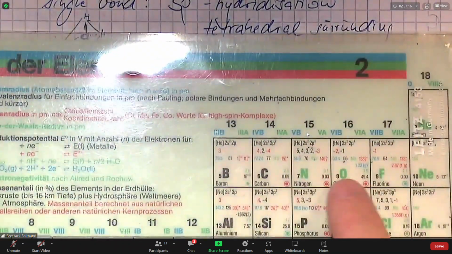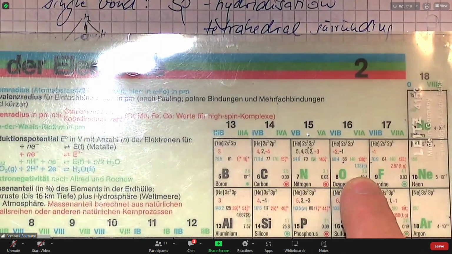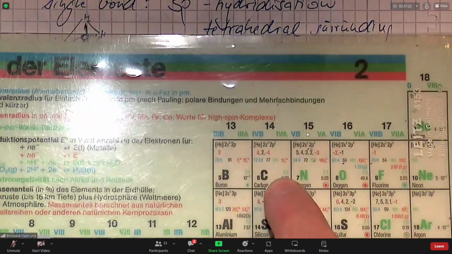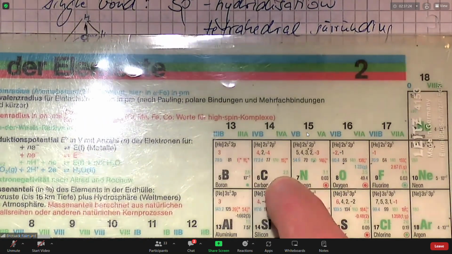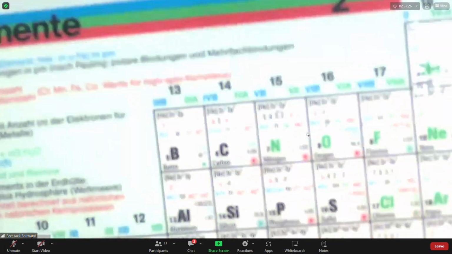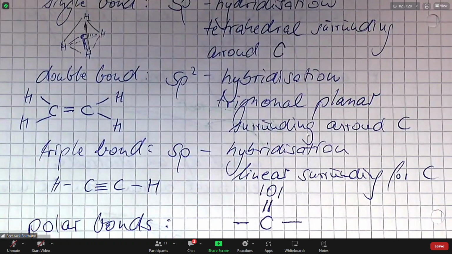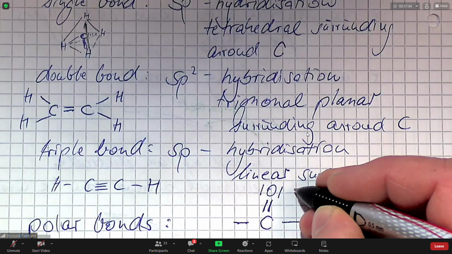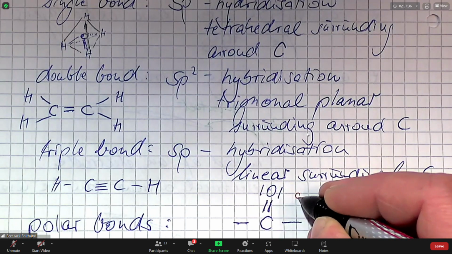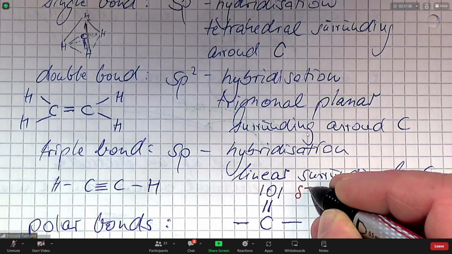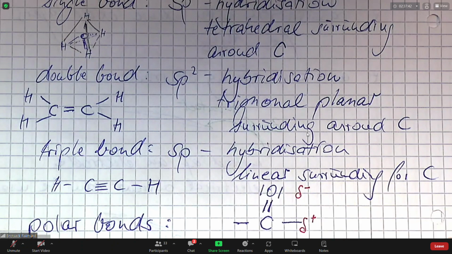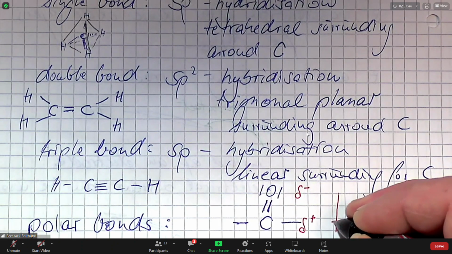When we look it up, the number here is 3.5 for oxygen, and for carbon it's 2.5. So oxygen has a higher electronegativity, so the electrons will be more on the side of the oxygen. That leads to a partial negative charge on the oxygen, and the carbon is partially positive. So we have a dipole.